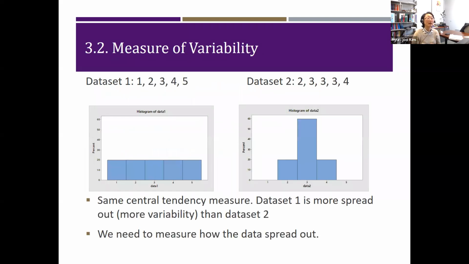So if we go back to our data set 1, your range will be 5 minus 1, which is 4. Data set 2, your range will be 4 minus 2, 4 maximum, 2 minimum, so it will be 2.